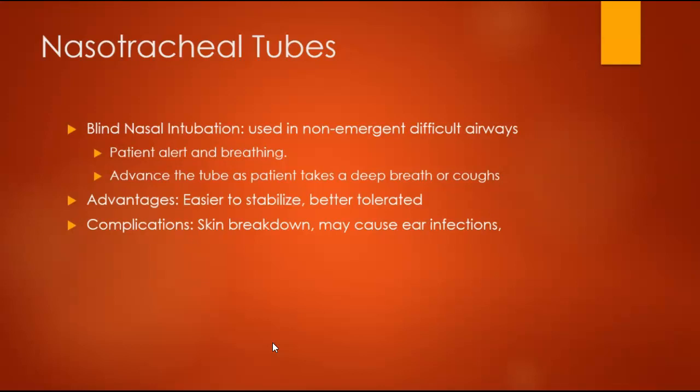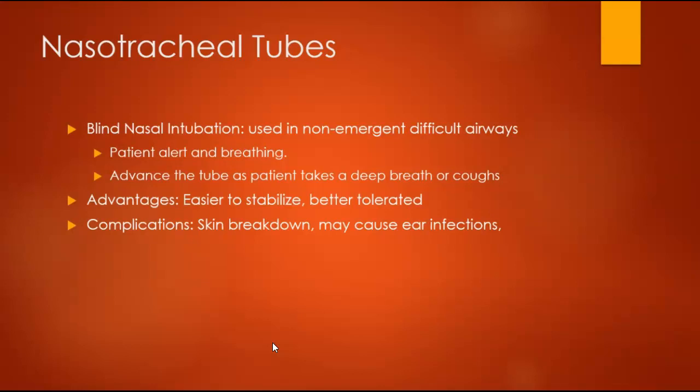Typically, you're going to insert the endotracheal tube through the patient's nose, just like you would insert a nasal trumpet or a suction catheter. You keep inserting it, telling the patient to take deep breaths and cough, which helps them open up that airway.